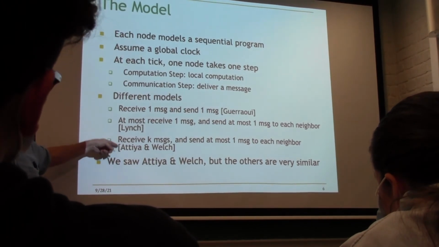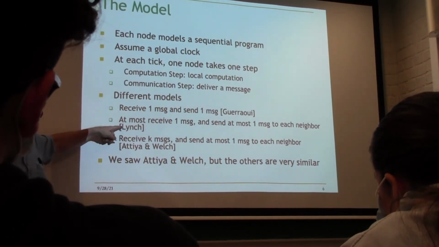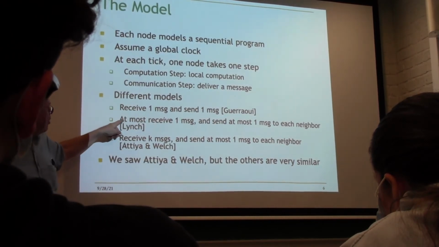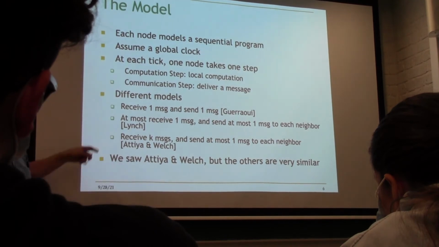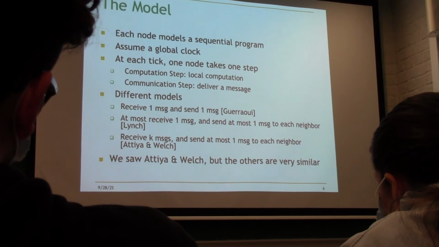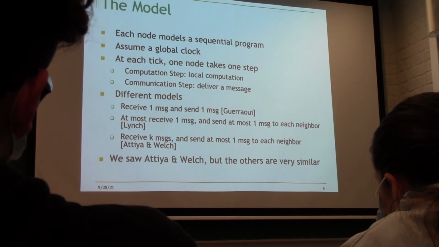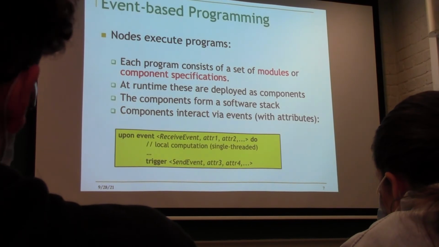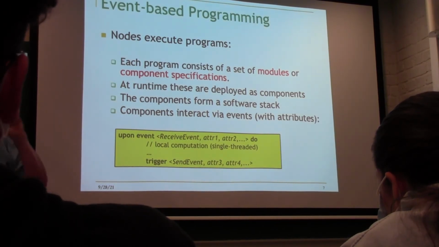So this is the model we saw. There are other models where you receive at most one and send at most one. So these are all different models, but this is all kind of the same. That's not very important. We're going to abstract away from this and make a simple model.